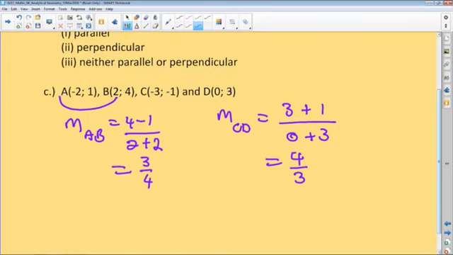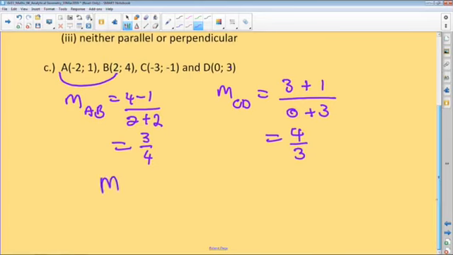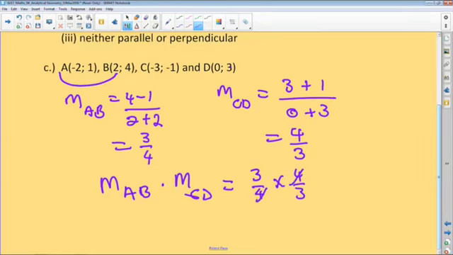Let's check. Gradient of AB times gradient of CD, it's equals to gradient of AB is 3 over 4 times 4 over 3, which gives us a 1. Now watch, guys. We always make a mistake here and saying, okay, because I'm getting a 1, so it means that these lines are perpendicular. It's not.